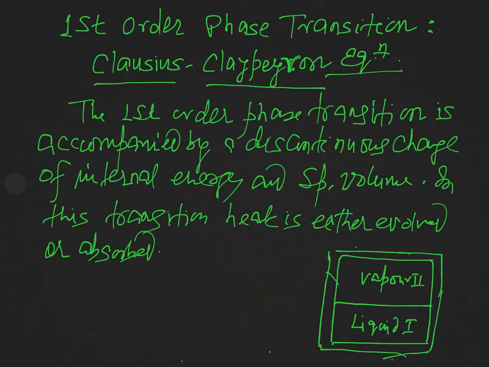The system is isolated, so the total mass, total internal energy, and total volume of the system will remain constant. But the mass of each phase will change, volume of each phase will change, and all the extensive properties of each phase will change.